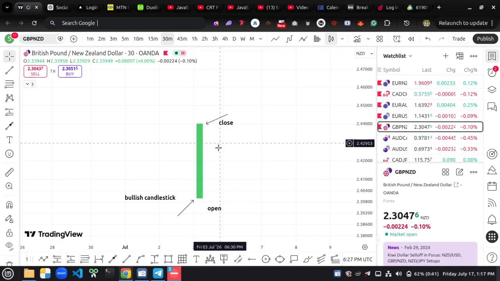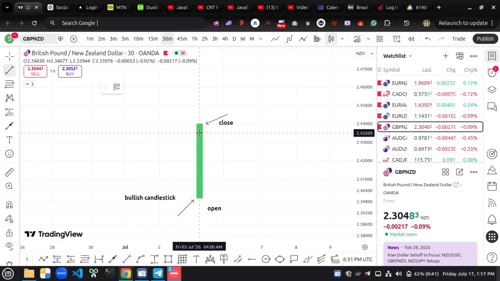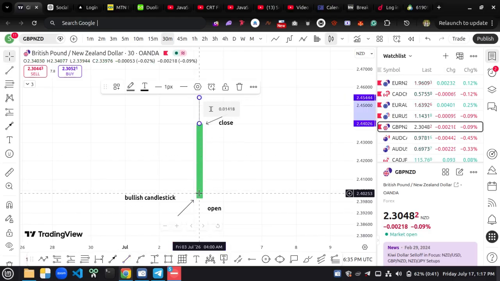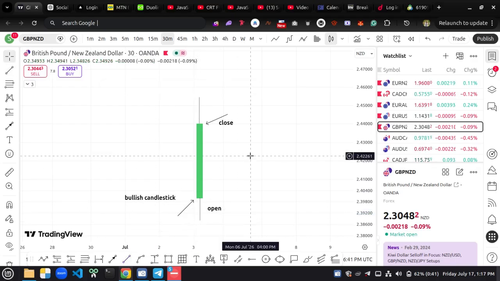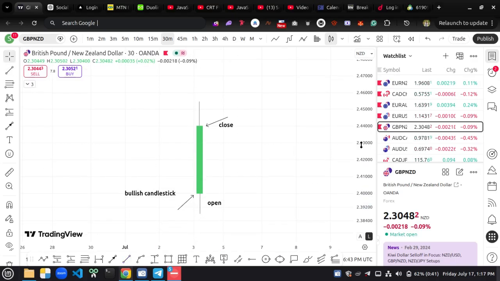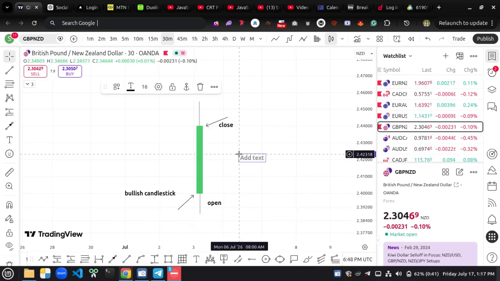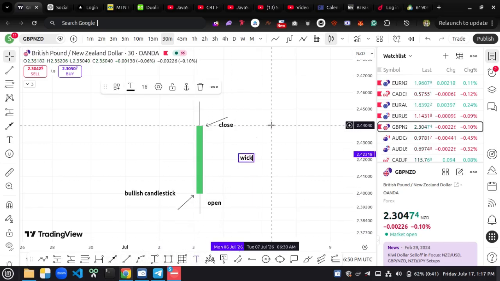Now let's go to the labeling. I drew some long vertical stuff the other time. Now they are called wicks. I'm going to spell it out, but let me draw it first. They are called wicks, and this is the spelling. Wick.